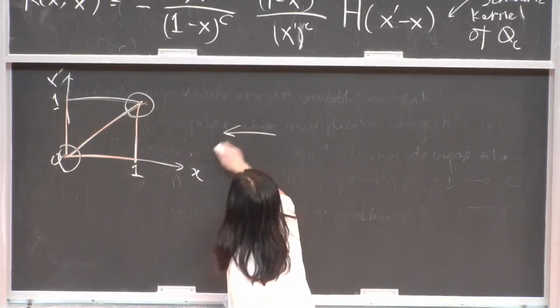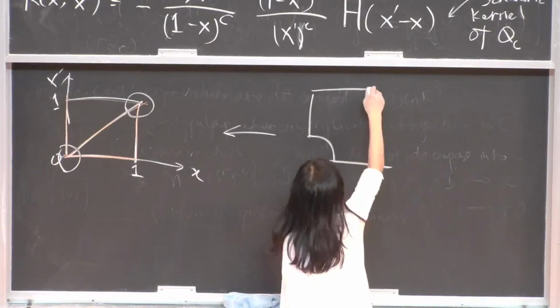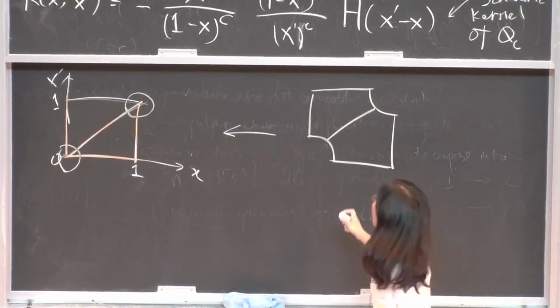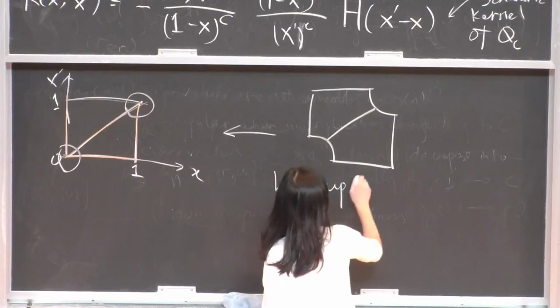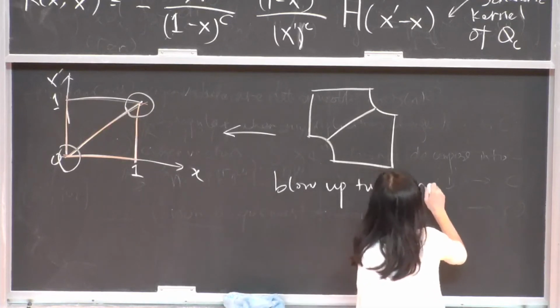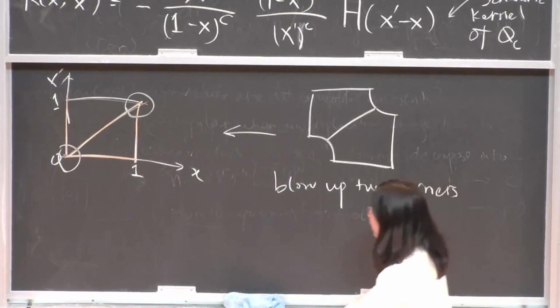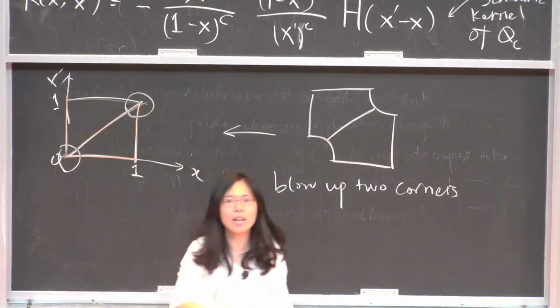The way to deal with that is to do the following, which is we'll blow up the 2 corners by introducing polar coordinates, which is basically just given by, in the space of x and x prime.